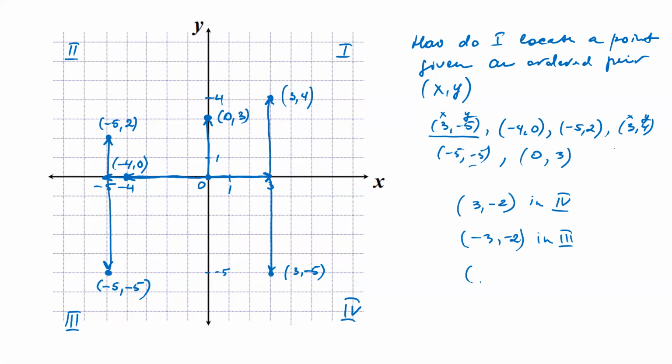And what about the point (0, 5)? Well, (0, 5) is not in any quadrant because that's a point on the y-axis. And what about (5, 0)? Again, it's not in any quadrant because it's on the x-axis.